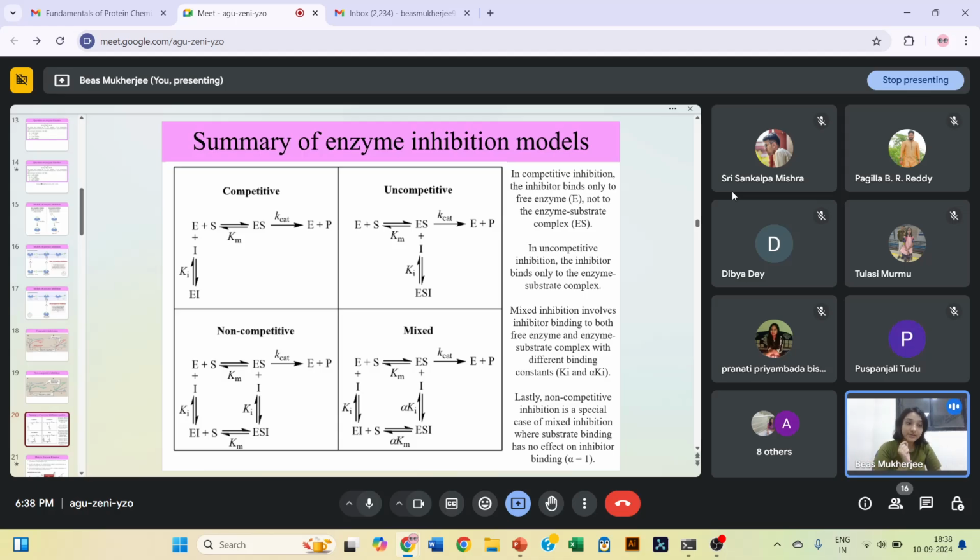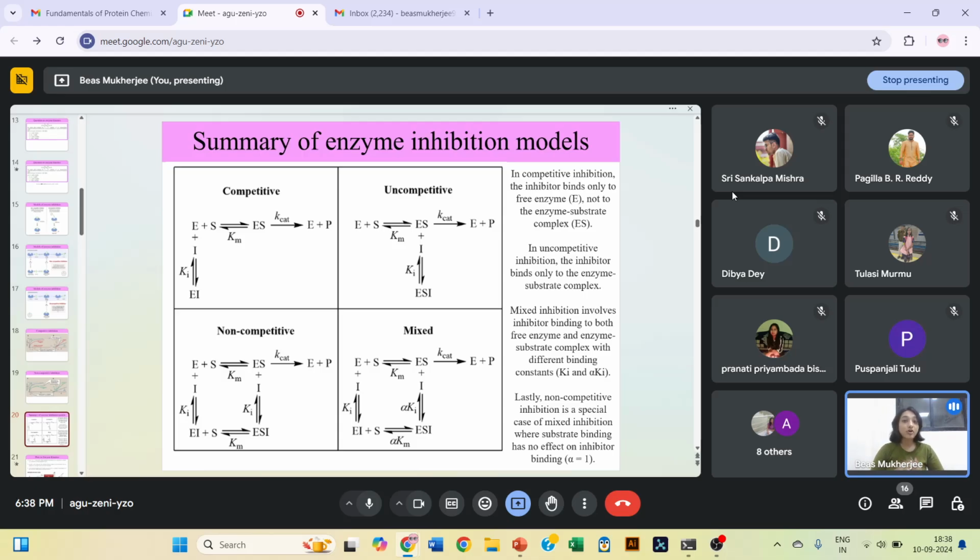So see, in competitive inhibition, what is happening? The competitive inhibitor binds to the enzyme, forming the enzyme inhibitor complex. It prevents the substrate from binding. In competitive inhibition, the inhibitor binds only to free enzyme and not to the enzyme substrate complex.